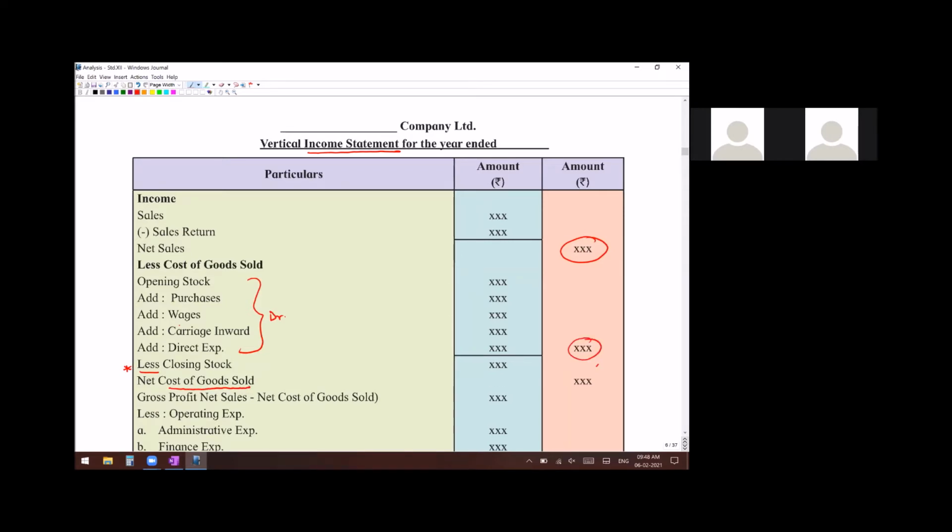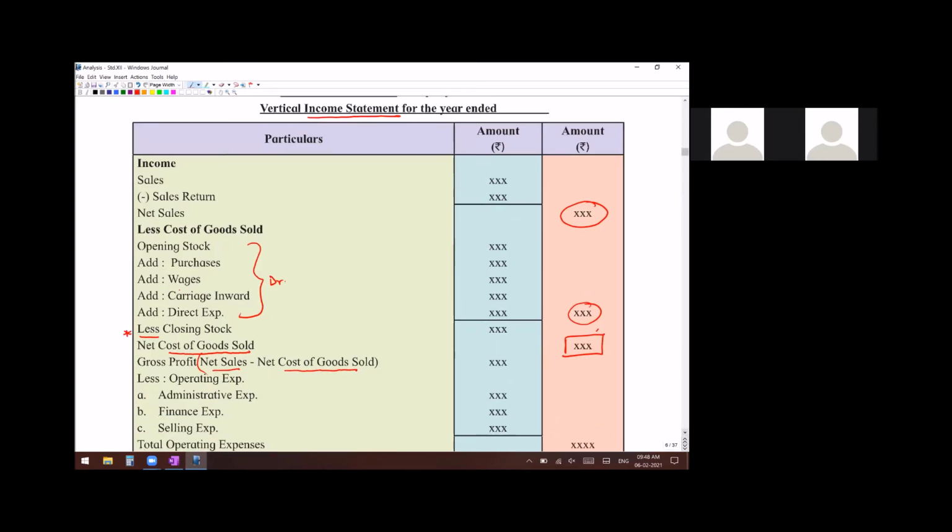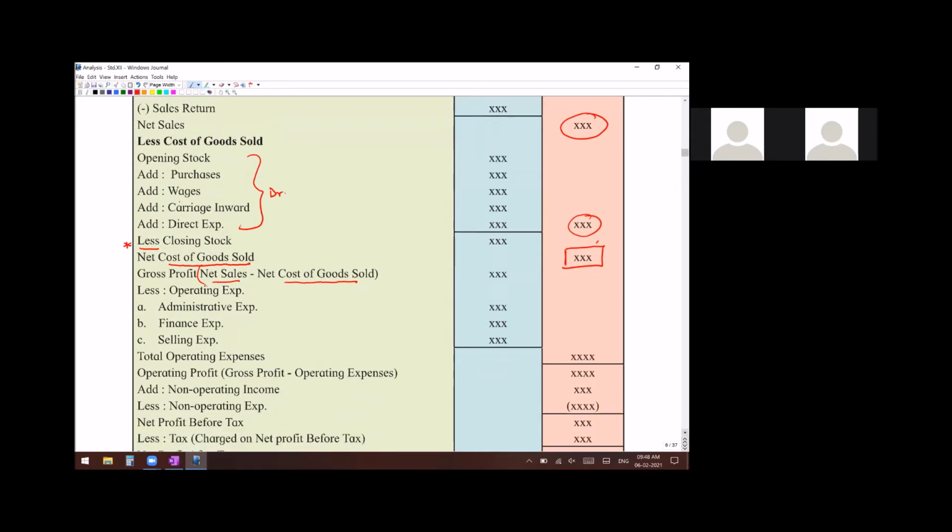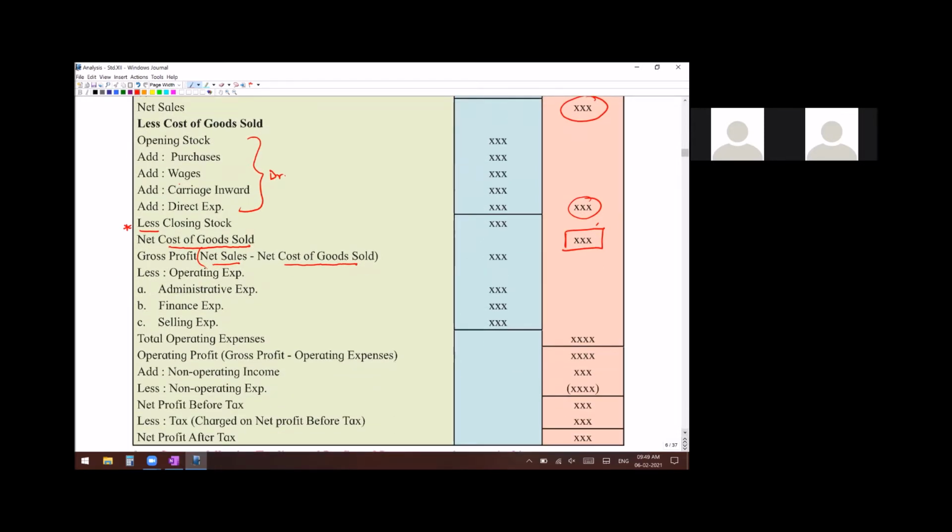From sales, you minus cost of goods sold and you get gross profit. From trading account, your final answer is gross profit, and that's the formula given there. Net sales minus cost of goods sold. Okay. Then moving further, all other expenses required to run your business are known as operating expenses. Now, this is nothing to do with production of goods.